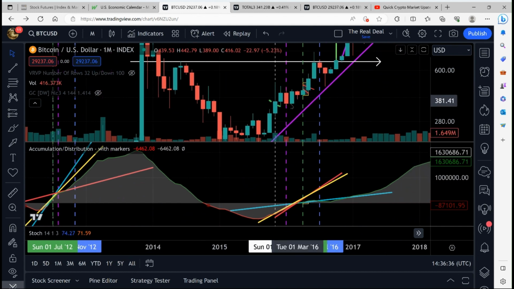So yellow, we moved up. This is kind of healthy price action. We moved up, we did have to come back down and retest previous support levels here, and then moved up again.